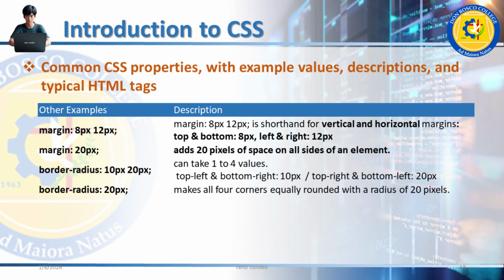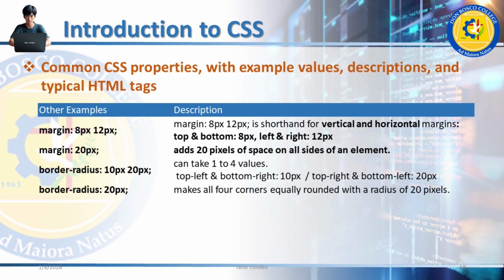Let us take time to understand some CSS properties and their values. The declaration margin, 8px 12px, is a shorthand for vertical and horizontal margins, where the top and bottom margins are 8px, and the left and right margins are 12px. The declaration margin, 20px, adds 20 pixels of space on all sides of an element.